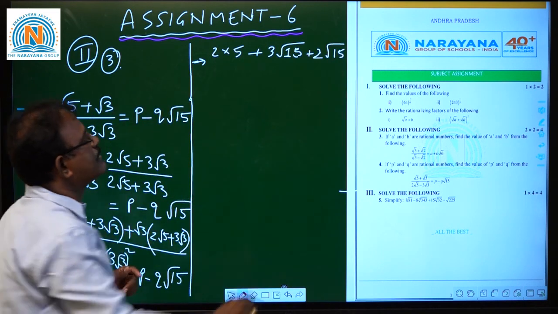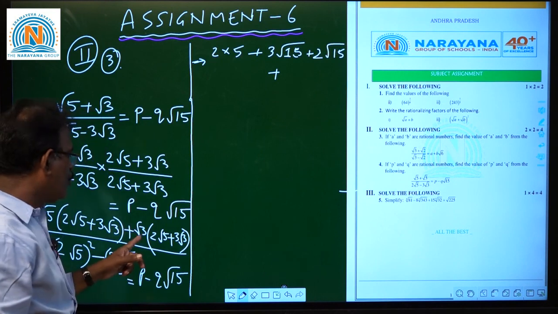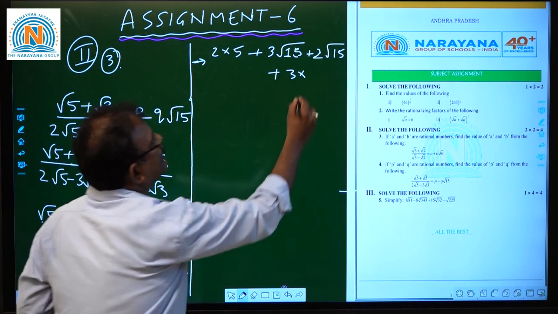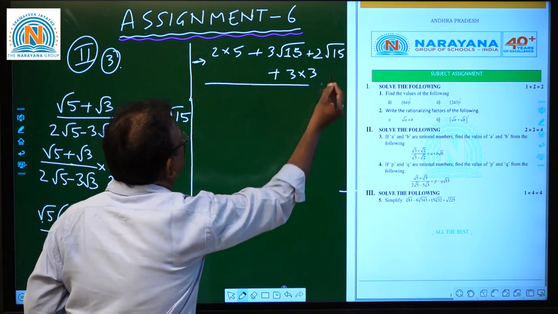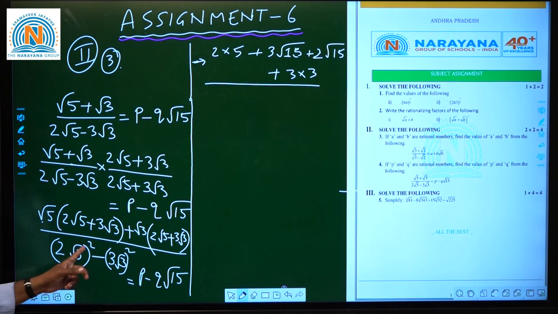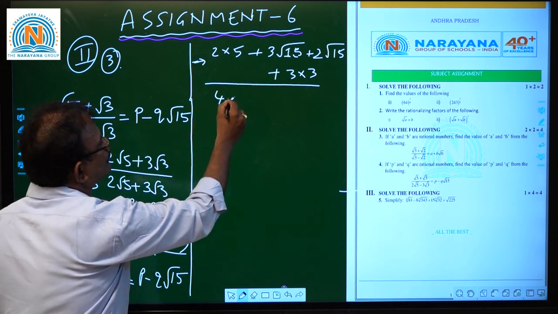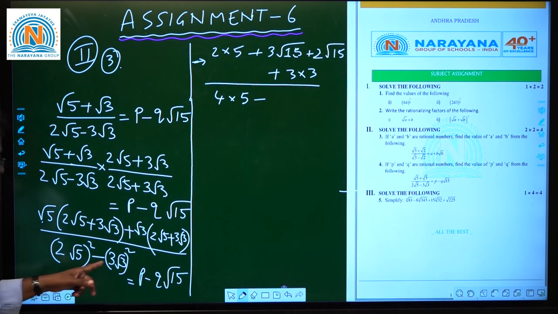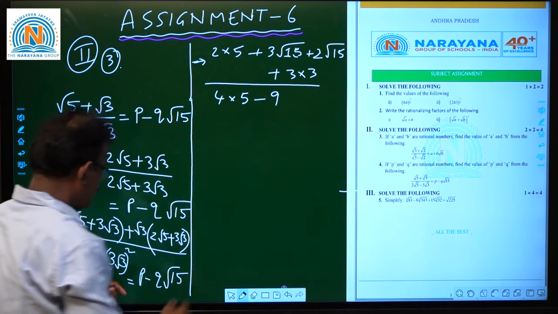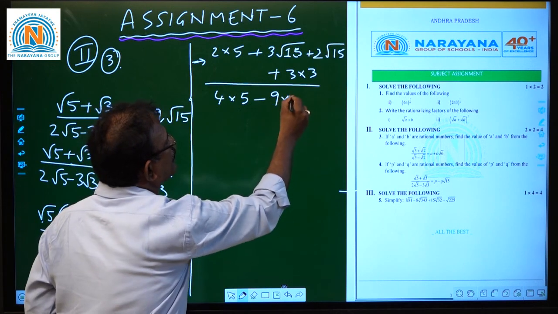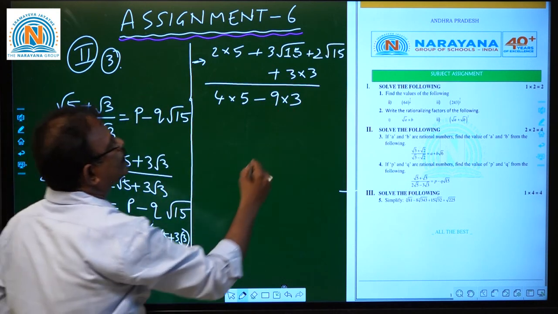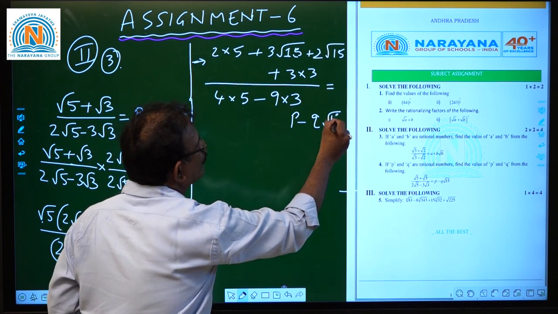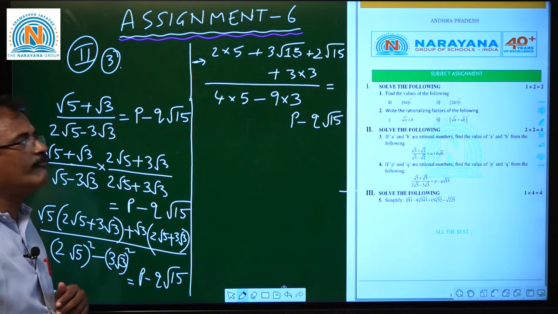Okay, plus 3 into √3 into √3, 3, whole divided by, this is 2 square means 4, square root getting cancelled 5, minus 3 square means 9, square root getting cancelled 3, so is equal to P − Q√15.